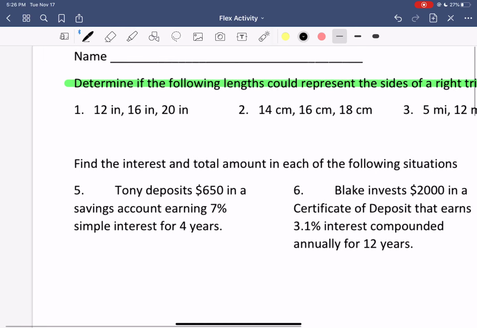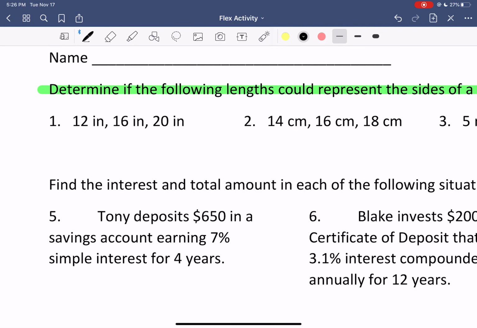If we have to assign a value to each of these, A, B, and C, remembering that C is always the longest, we know that 20 has to be C. For the other two, it doesn't actually matter, since B and A could be switched.